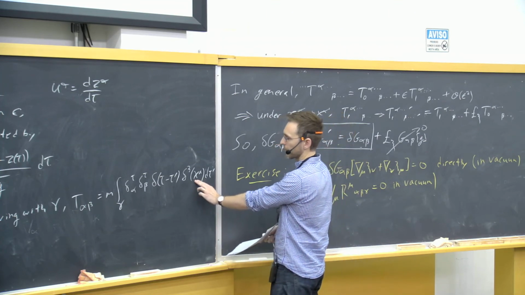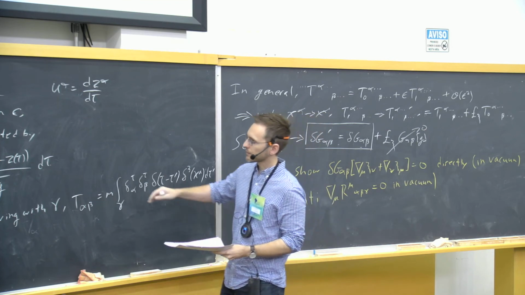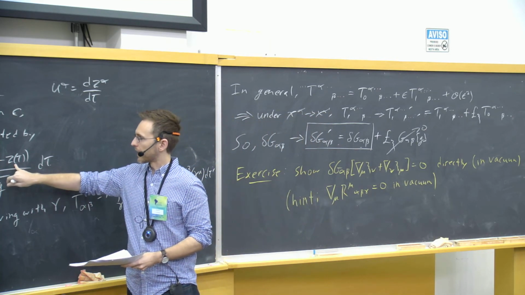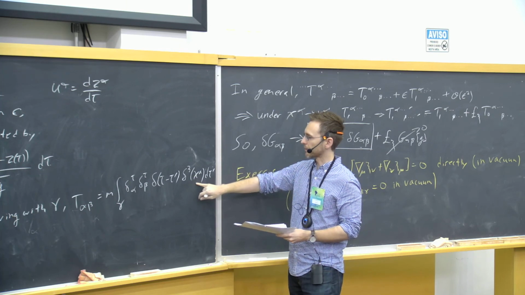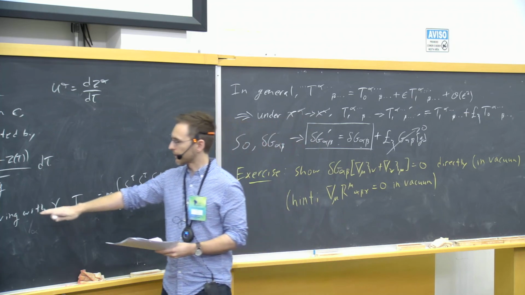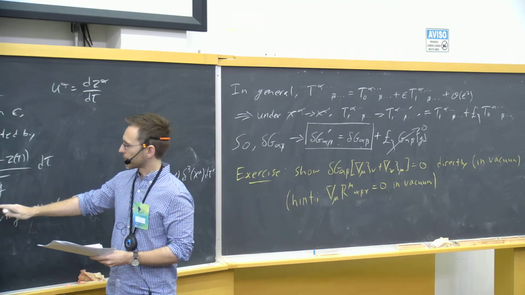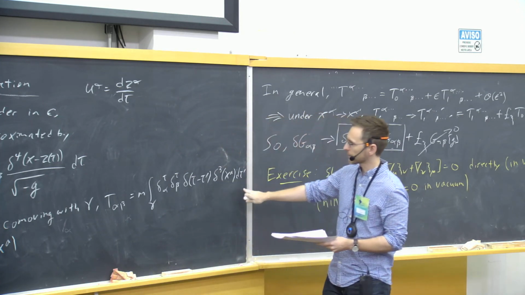And my spatial coordinates are centered on the world line. So z A is identically 0. So this three-dimensional delta function is just delta 3 of x A. And in these locally inertial coordinates, the metric determinant is just 1. So we just have this.